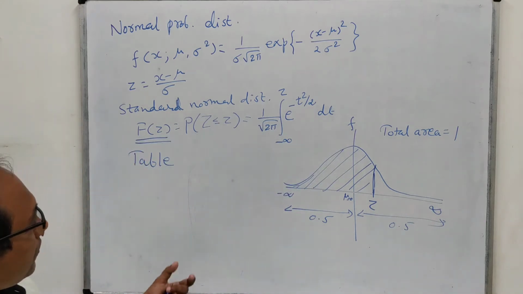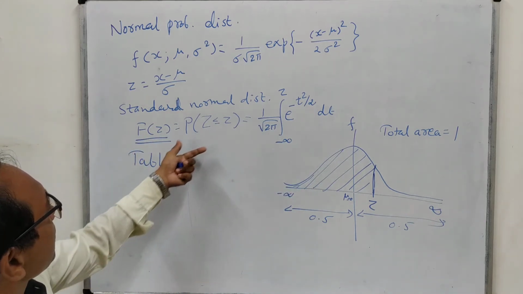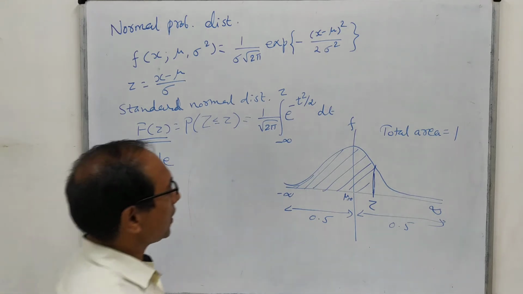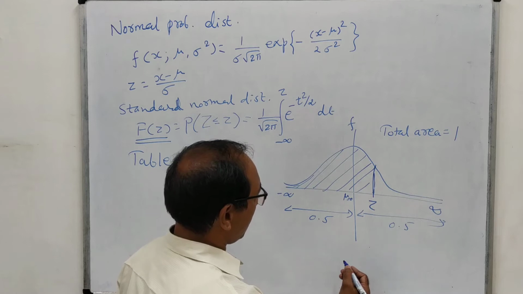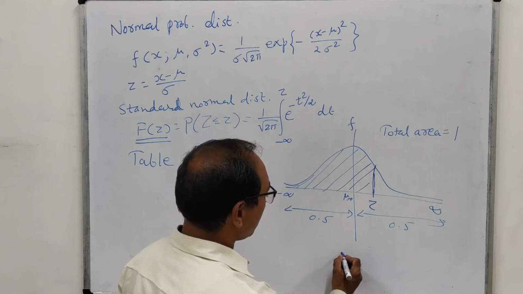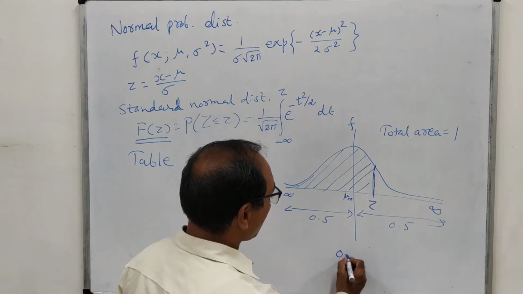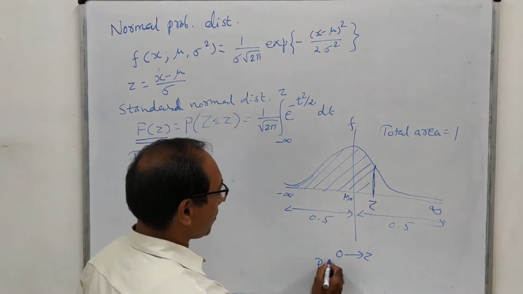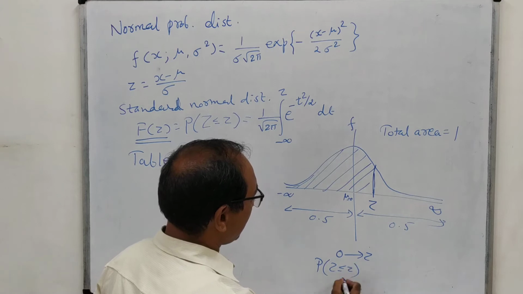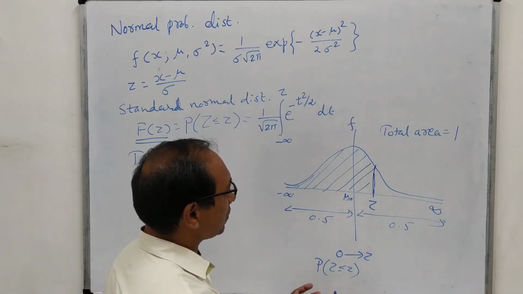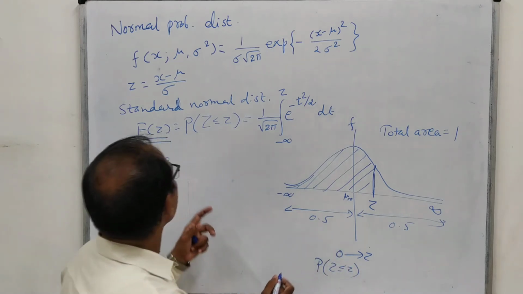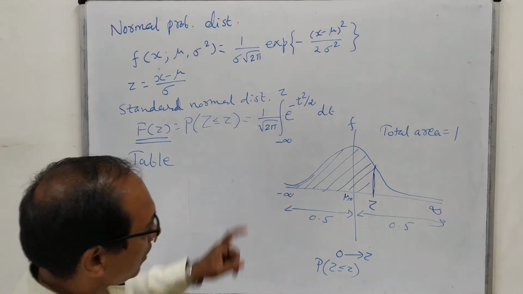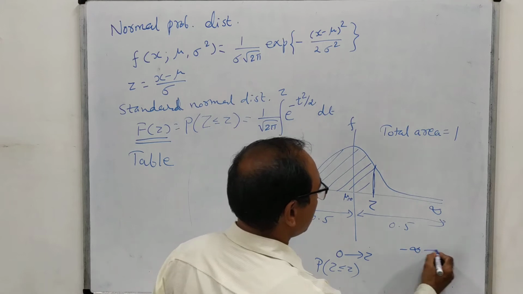So this table will give us the value from minus infinity to z. I also told you that some authors find the value starting from 0 to z. So whenever probability of z less than or equal to z is written that way, it means the value is from 0 to z, but our values are from minus infinity to z.